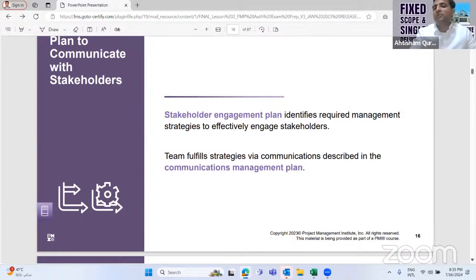So the stakeholder engagement plan will be having a number of strategies that we can adopt to deal with difficult kind of stakeholders, right? We may not have a similar style across the whole organization, right? We may have some really hard rocks type of stakeholders, right?